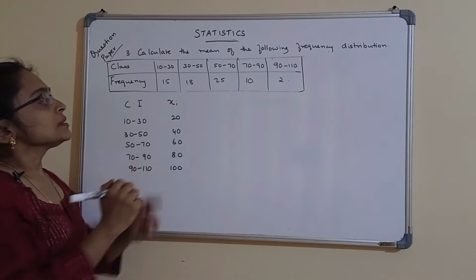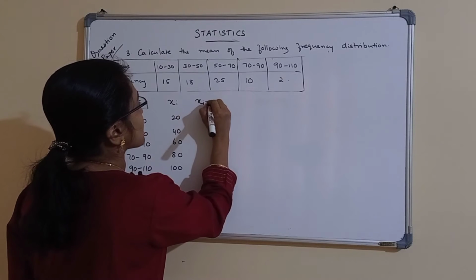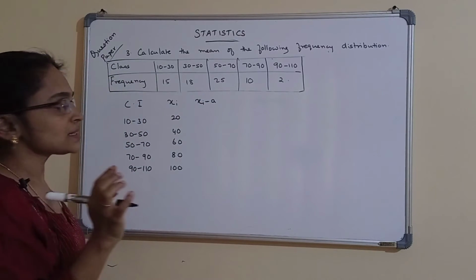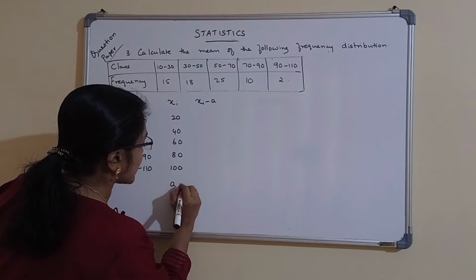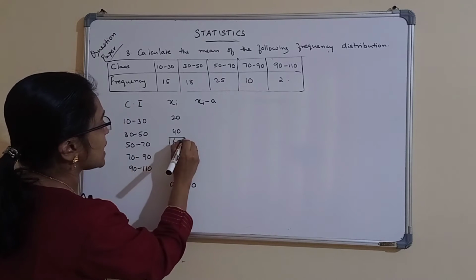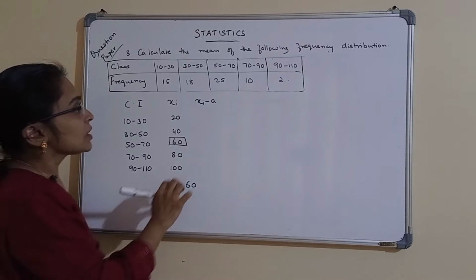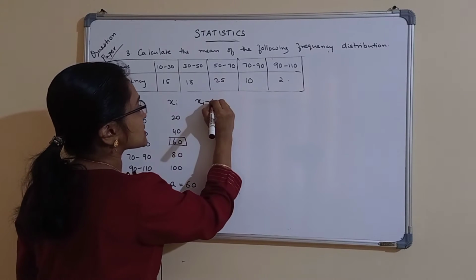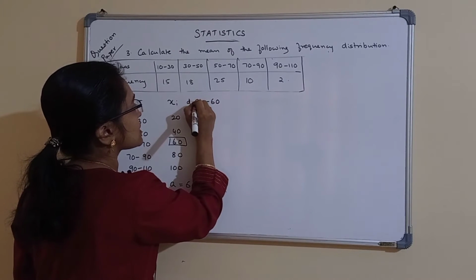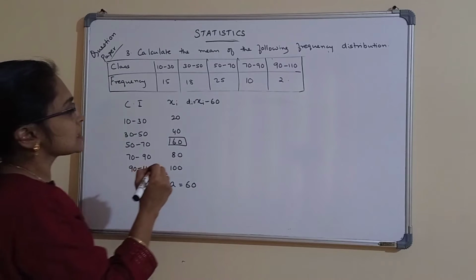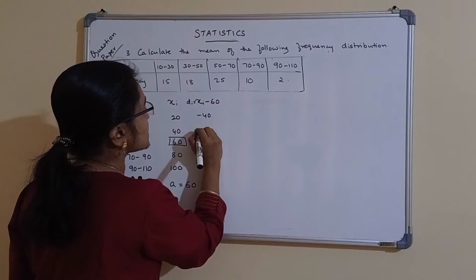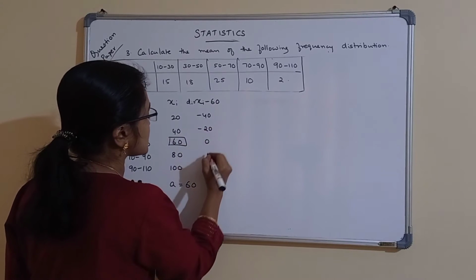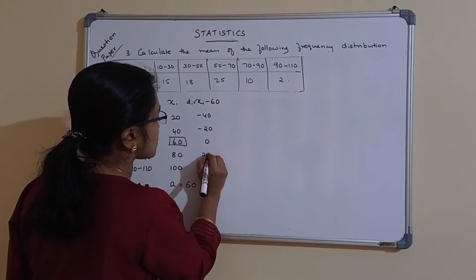And this xi minus a. What is xi minus a here? We can take a as 60 because this is the assumed mean. So, we can write di is equal to xi minus 60. 20 minus 60 is minus 40. 40 minus 60, minus 20. Then this is 0. 80 minus 60, 20.